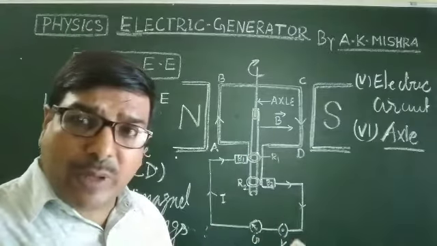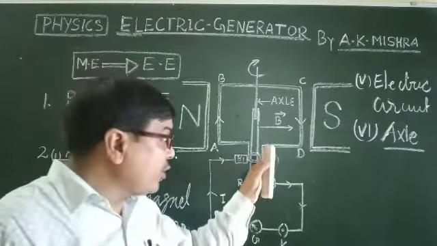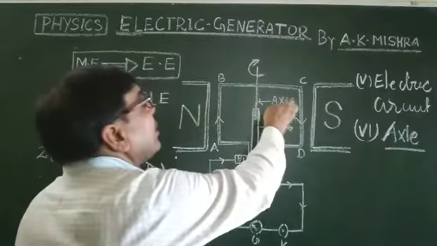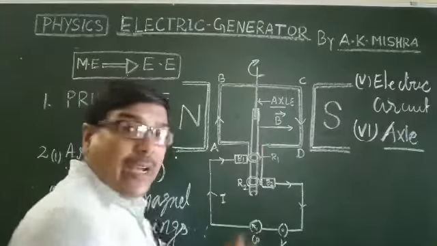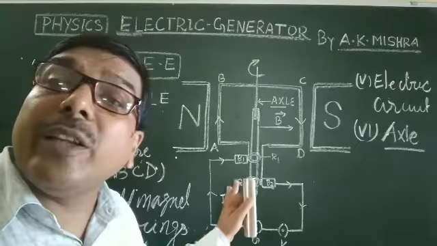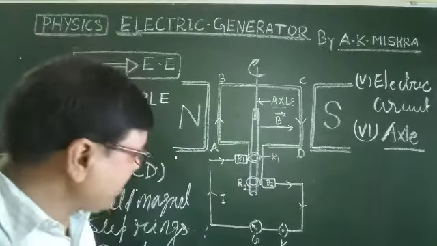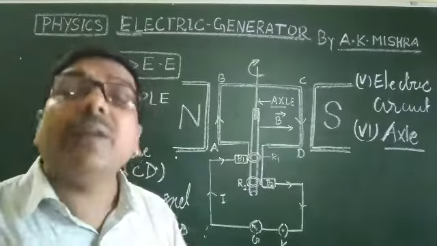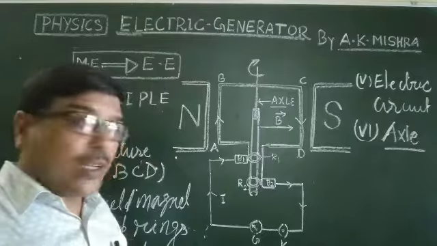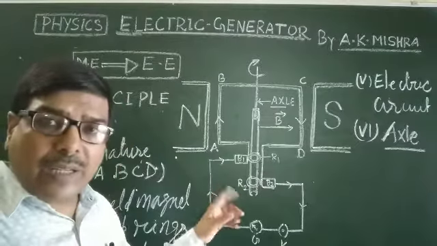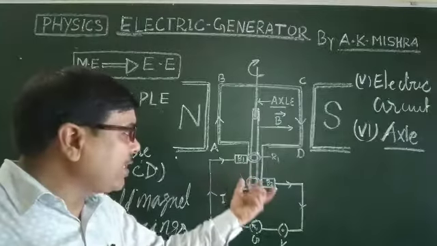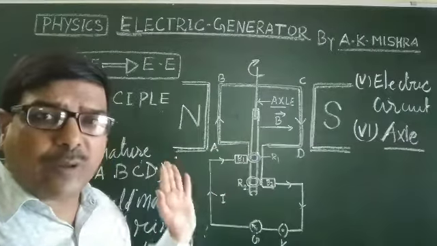Inside, it is insulated, and it rotates with the rotation of the axle. This part is the axle. But brushes B1 and B2 are in a stationary position. They should not rotate; they are fixed and gently touching these rings.